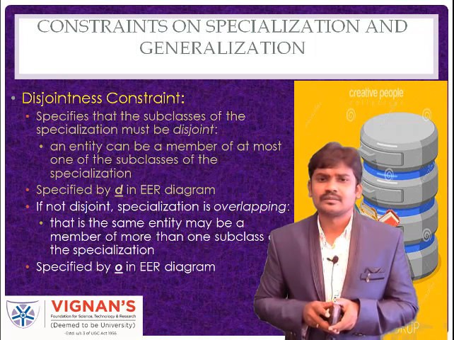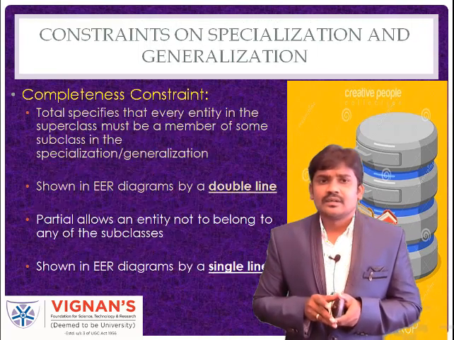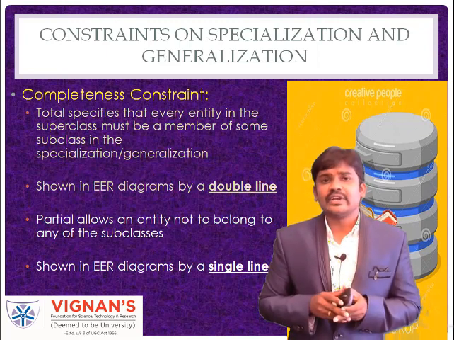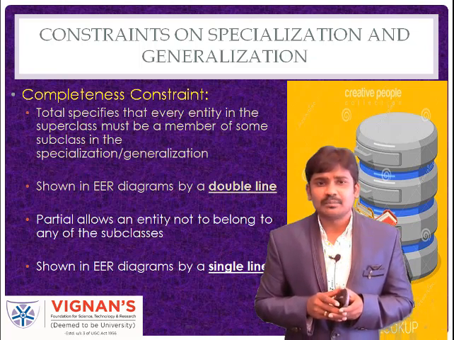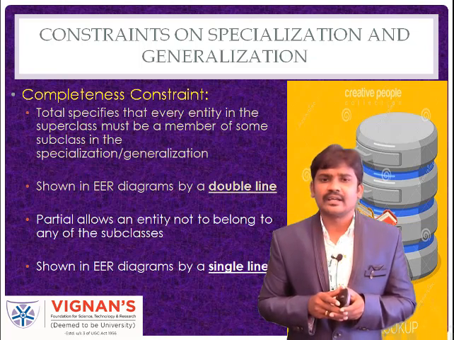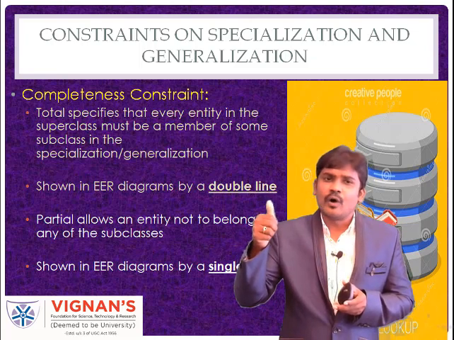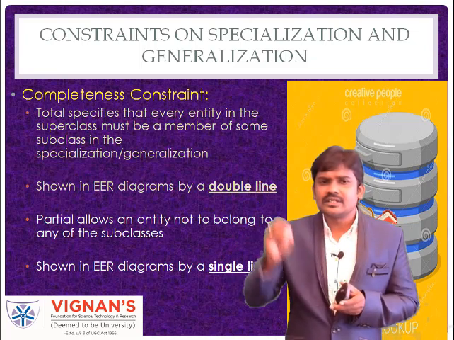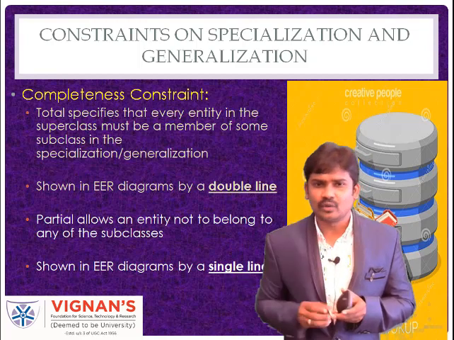Next, completeness constraint. Total specifies that every entity in the superclass must be a member of some subclass in the specialization or generalization, shown in the ER diagram by a double line. So here disjoint total means if all the 100 students belong to either CSE or IT department, in that case we call it disjoint total.